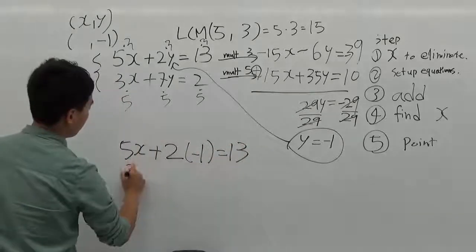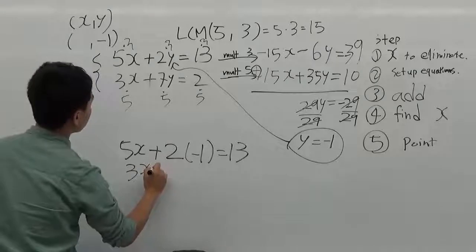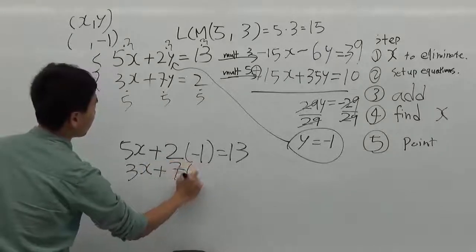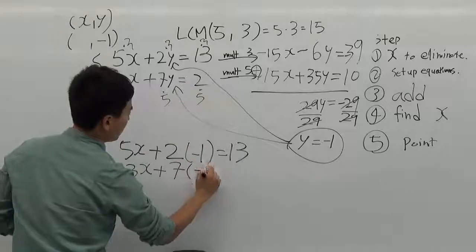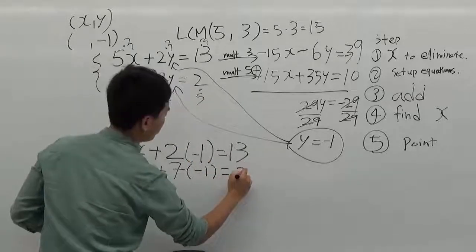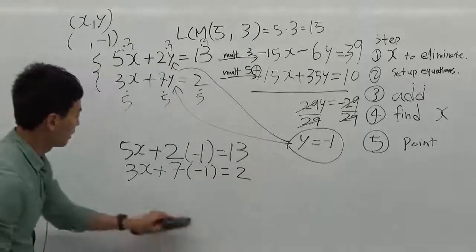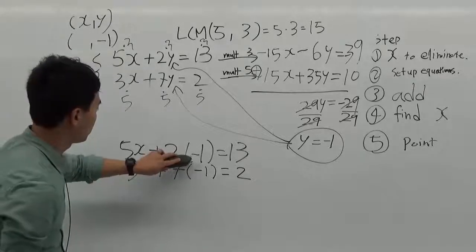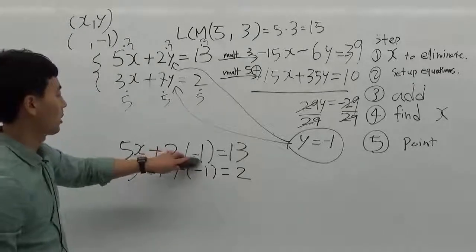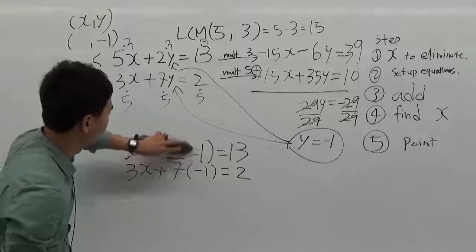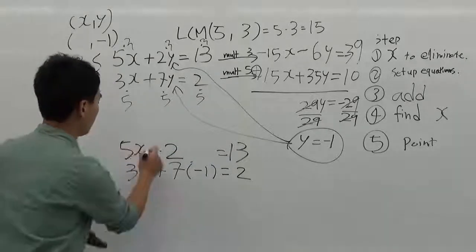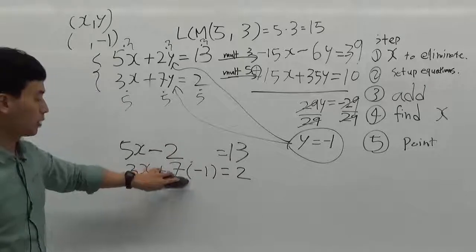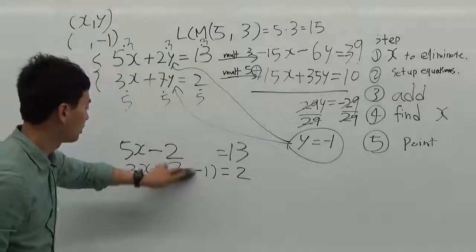Then the second equation is 3x plus 7 times negative 1, equals 2. If I simplify this, positive 2 times negative 1 will be negative 2, and positive 7 times negative 1 will be negative 7.